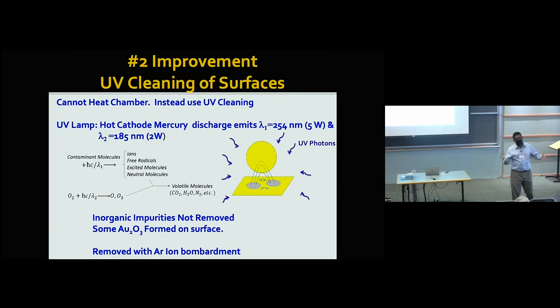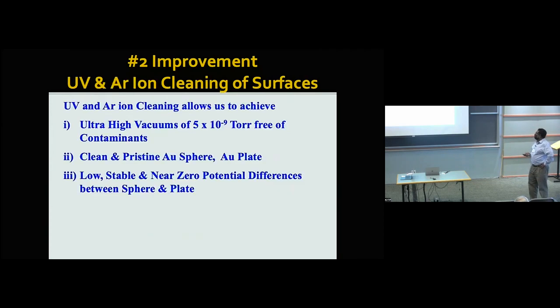As you clean the chamber out, everything will come onto the plate, you clean the plate out, and you go through a cycle of this, and you have to learn how long to do each one. It takes a while to figure it out, but in the end you can get there. So we get ultra-high vacuums, clean, pristine surfaces, okay, and the potential difference of surfaces can be got to zero.